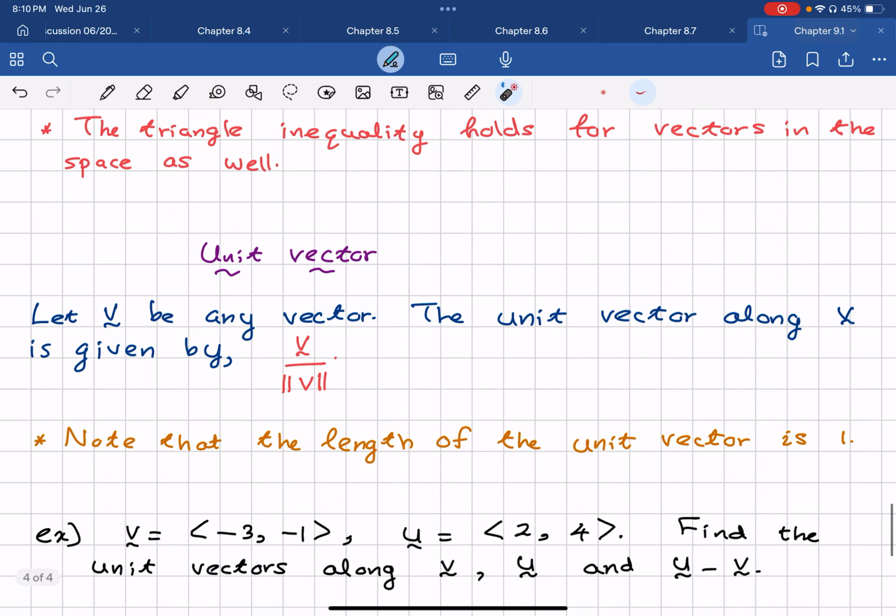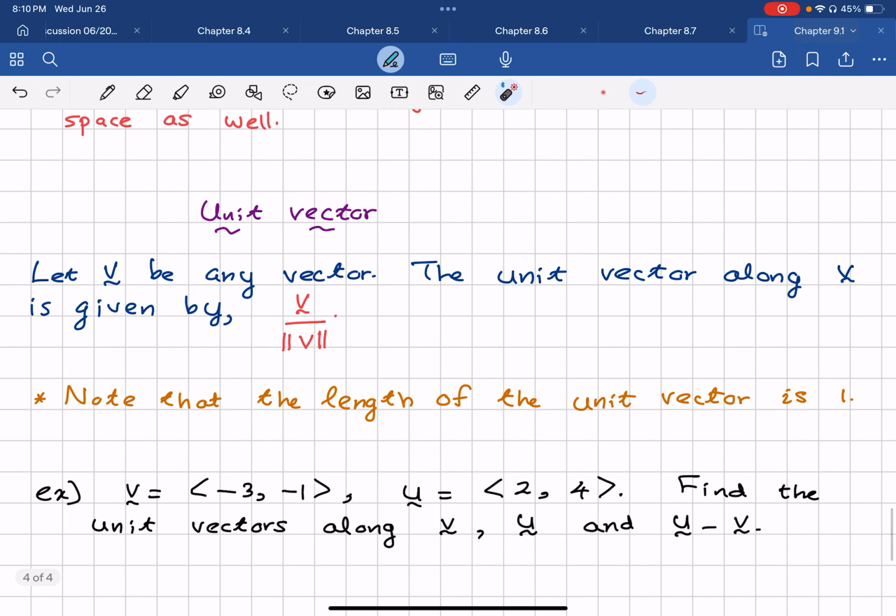My next definition is the unit vector. Now we know how to write a vector and how to add vectors, how to multiply a vector by scalars and those stuffs. Now unit vector is the vector of length 1.